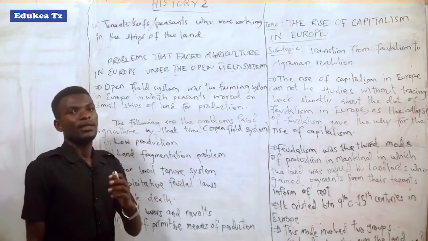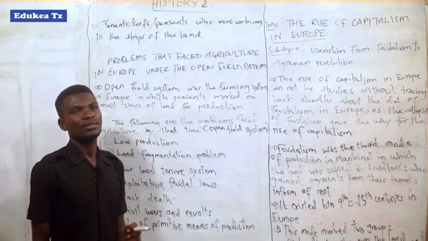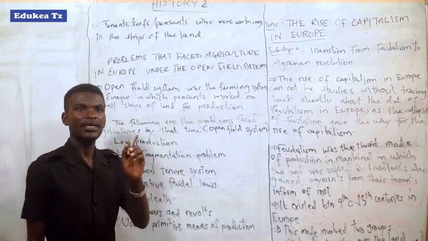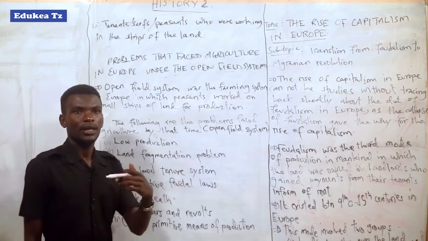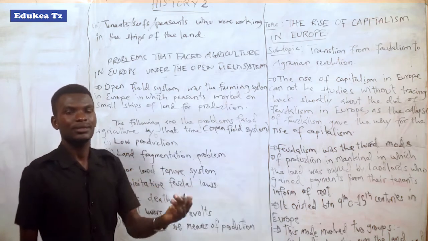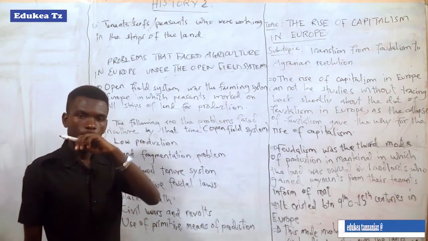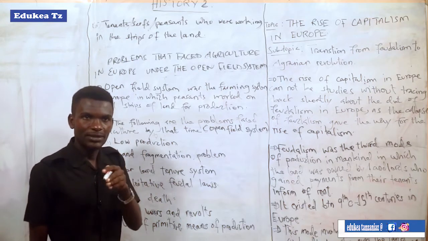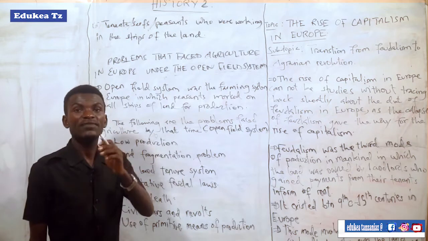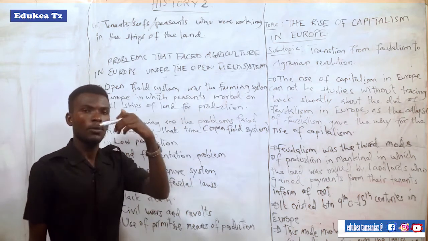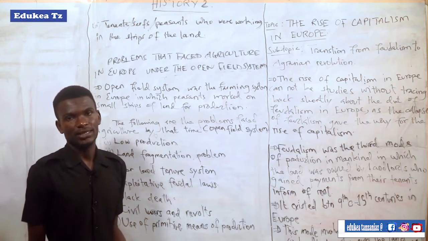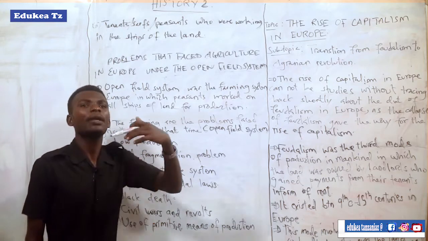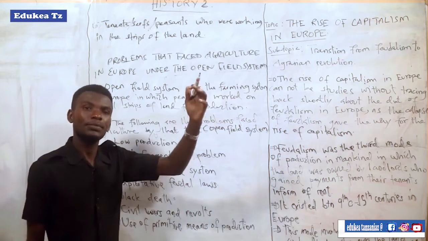It means the land division was unequal, where the huge land was given to the churches, landlords, and the monarch, and the rest of the land, that small land, was given to the peasants or serfs for production, in which that land could not satisfy high production, so it became a problem.